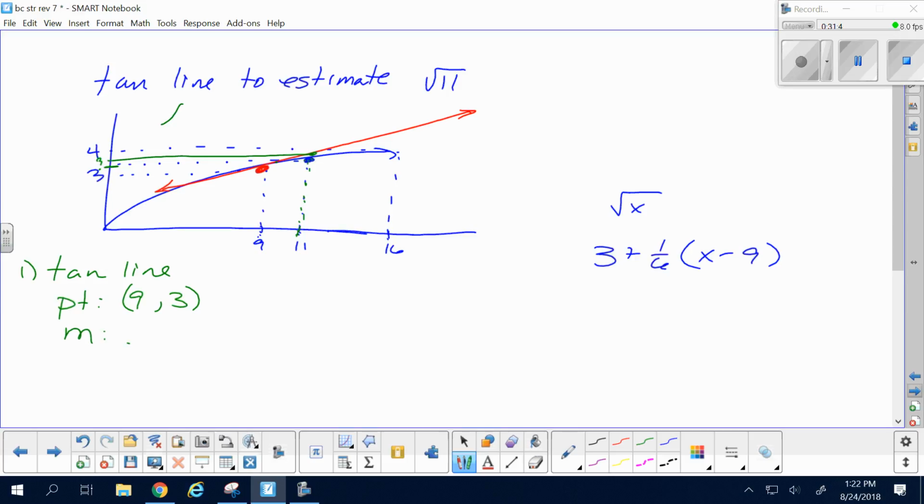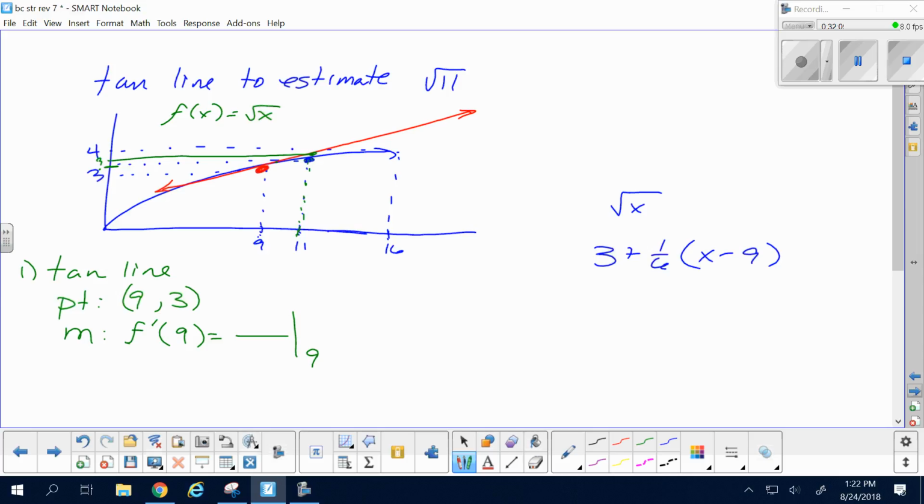The slope, how is the slope found? If I let f of x equal the square root of x, then the slope is found by f prime at 9, okay? Now, I'm going to show the general derivative, making sure you're safe in terms of earning points. When you do this, you typically show the general derivative, then put in 9, in case they have 2 points built on that in the rubric.